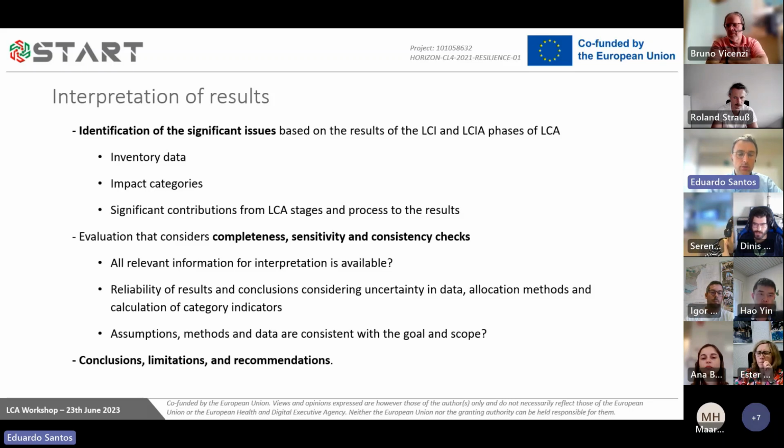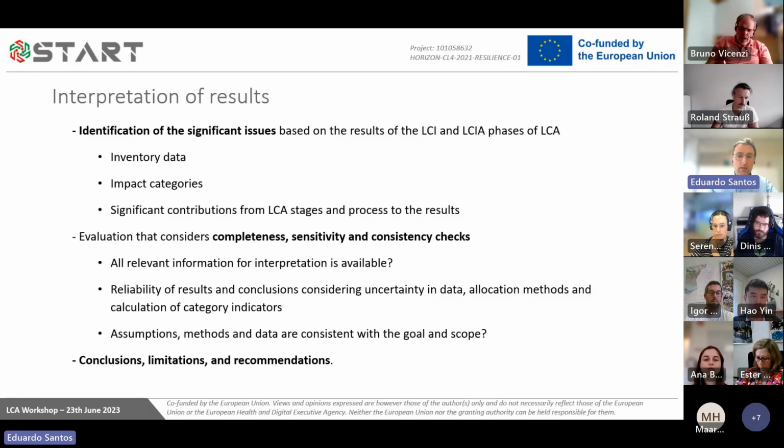And we should always try to be very self-critical about those results and be able to be fully confident about their robustness and representativeness. Also, we should provide conclusions on the results, but also identify the limitations of either the methodology or the results. An LCA is never done to its full extent. The methodology is highly intensive in data and all of that.